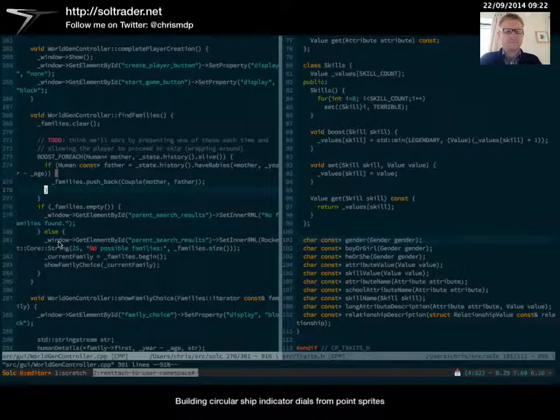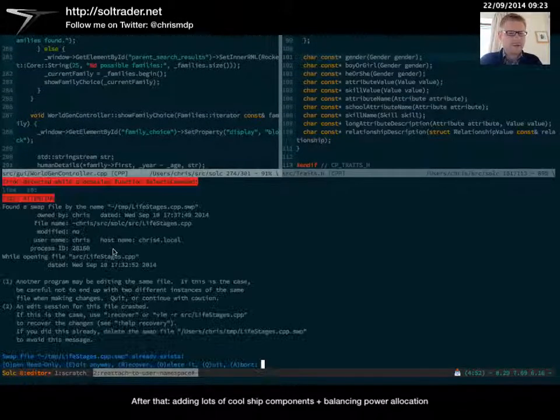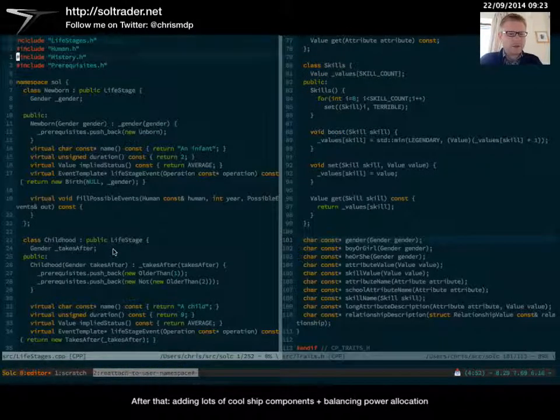Okay, right, back to the code. So we've got a new thing that I've added, which is in the life stages. We now have the gender of the life stage passed in here. And I think the name, I don't know when the name is generated.